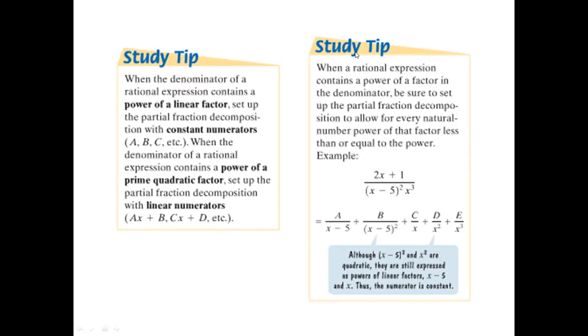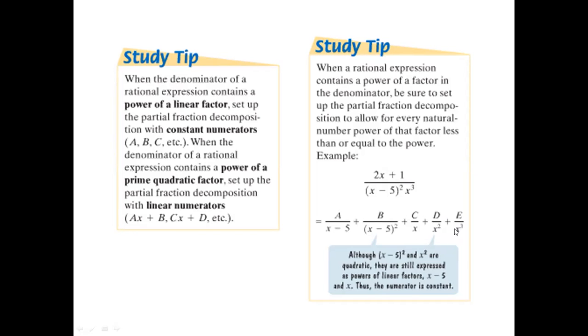Okay? When a rational expression contains a power of a factor in the denominator, be sure to set up the partial fraction decomposition to allow for every natural number power of the factor less than or equal to that particular power. So you could see this is x minus 5, then you have x minus 5 quantity squared, you have here x, you have here x squared, and you have here x cubed.